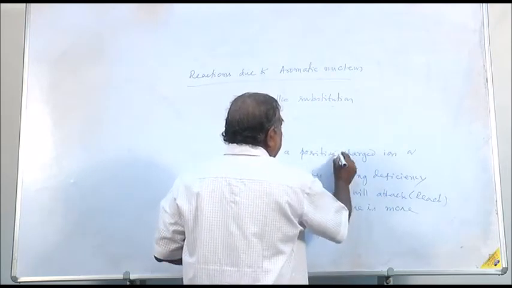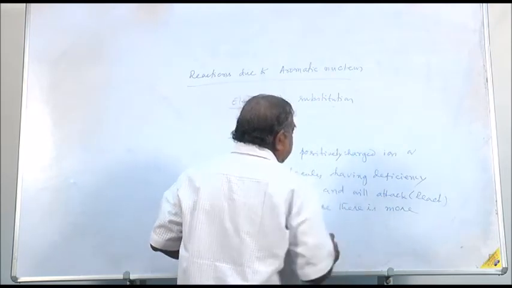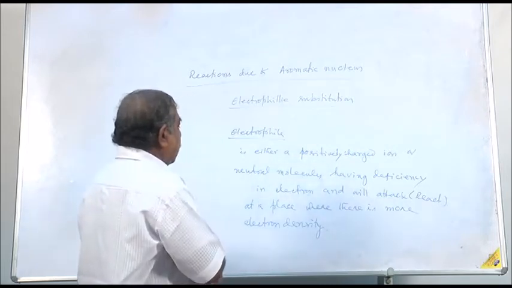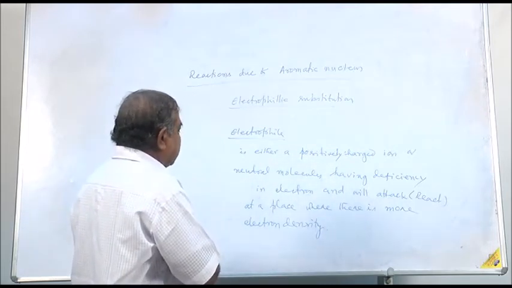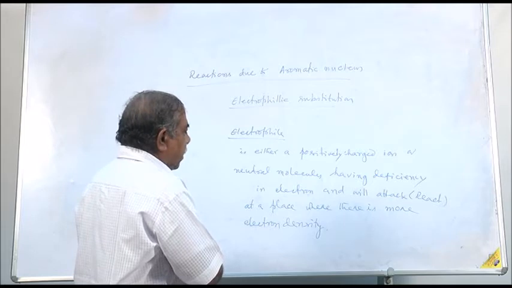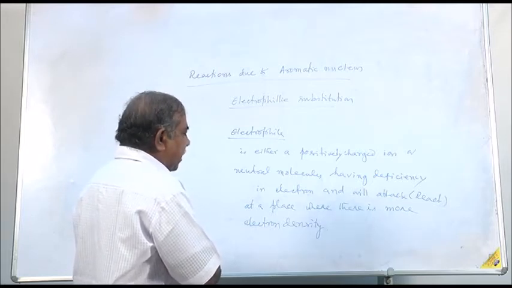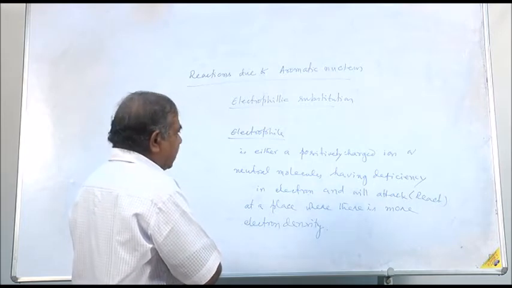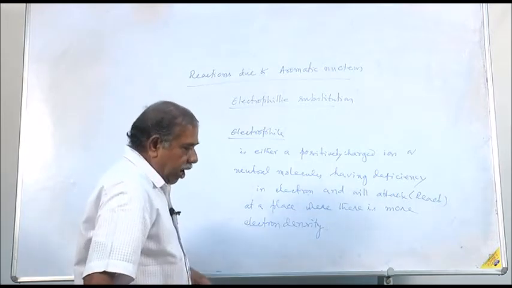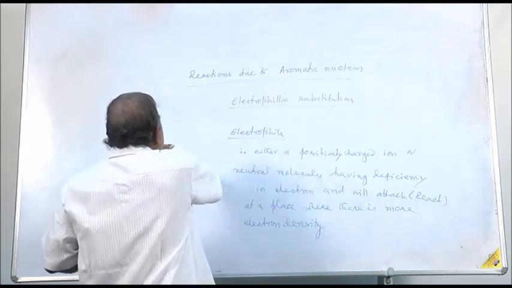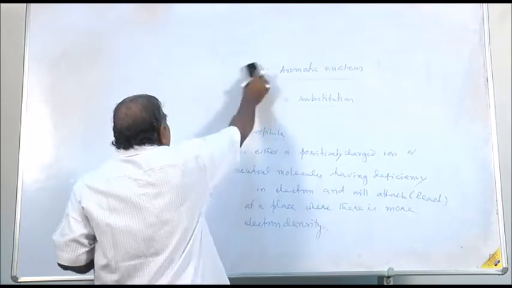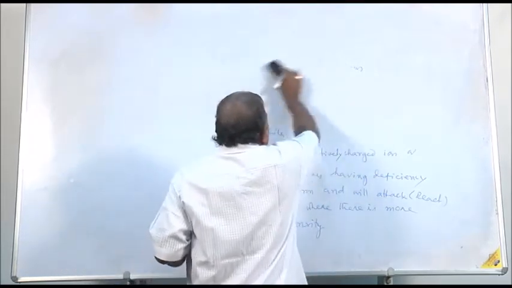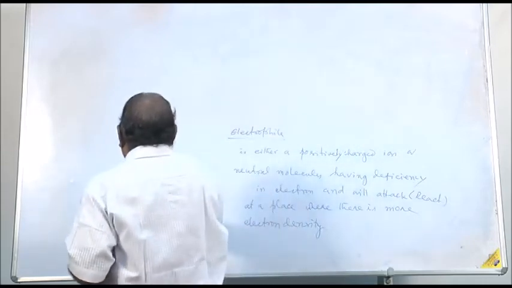Electrophile is either positively charged ion or neutral molecules having deficiency in electrons and will attack, means react at a place where there is more electron density. The amino group in aniline is ortho and para orienting group.